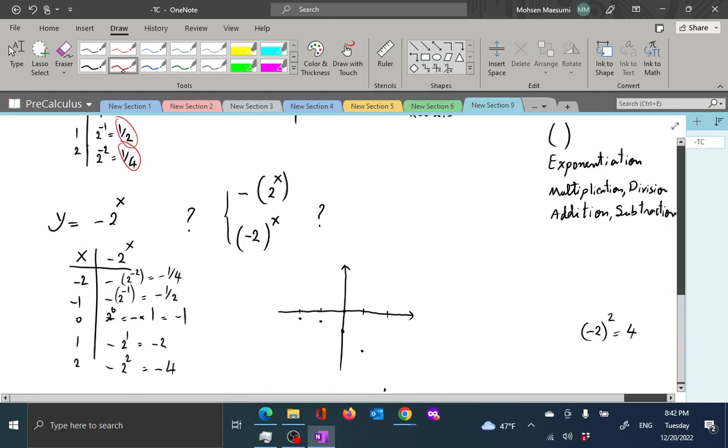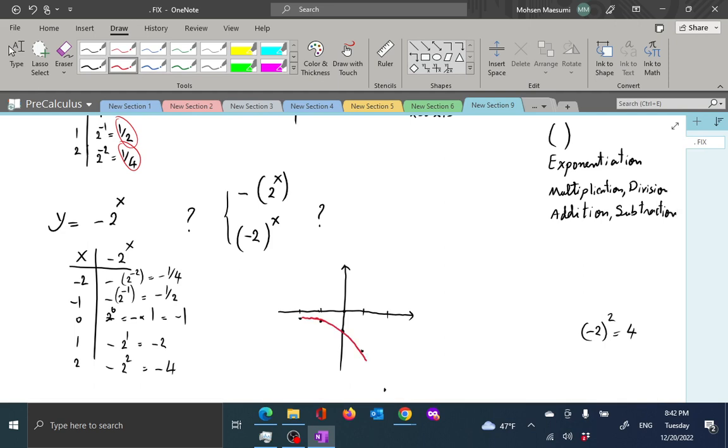Let me draw it in some other color that stands out. So this is minus 2 to the power of x, as opposed to 2 to the power of x. To draw it quickly, putting this minus flips the picture upside down. You notice? When you multiply a function by minus, it flips upside down.